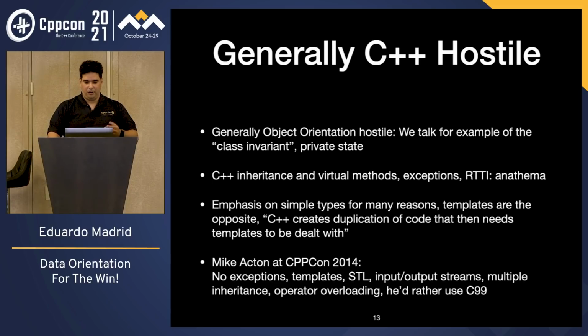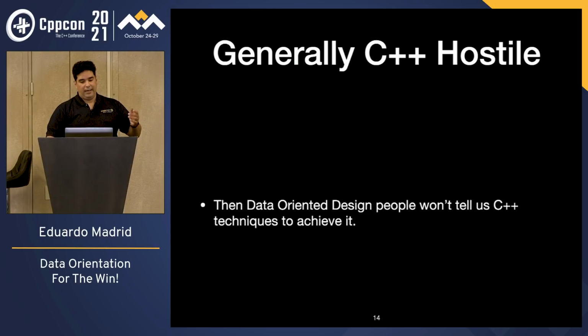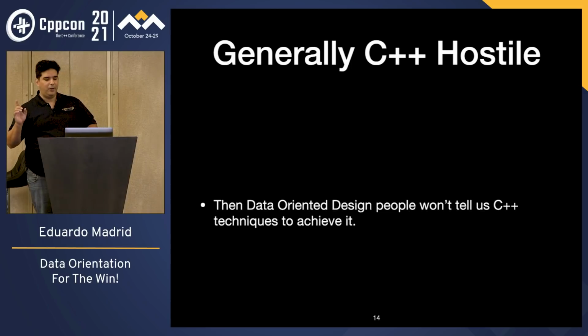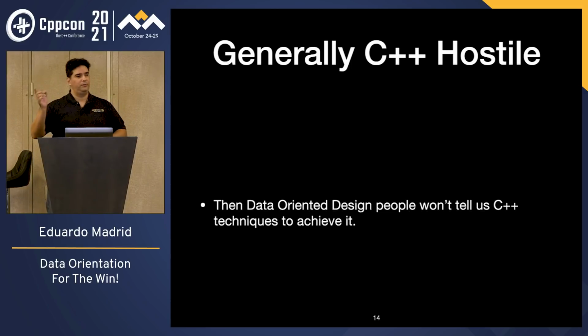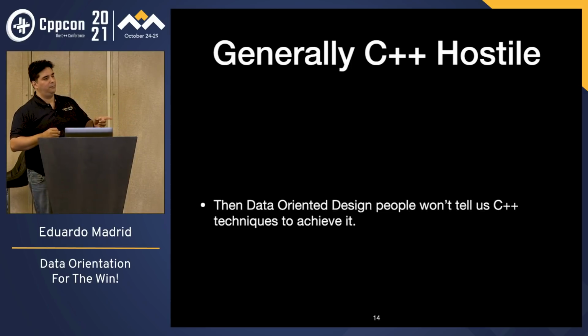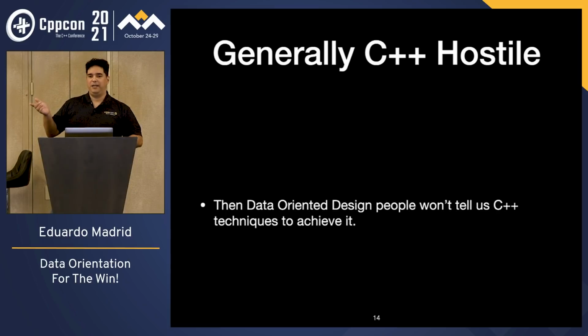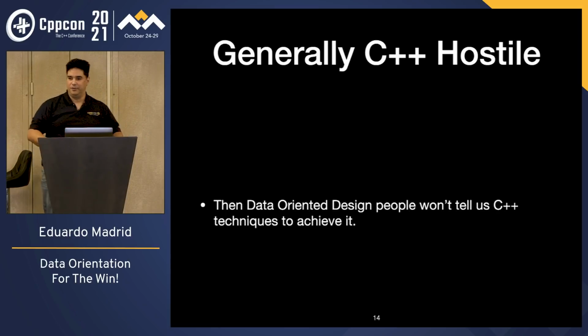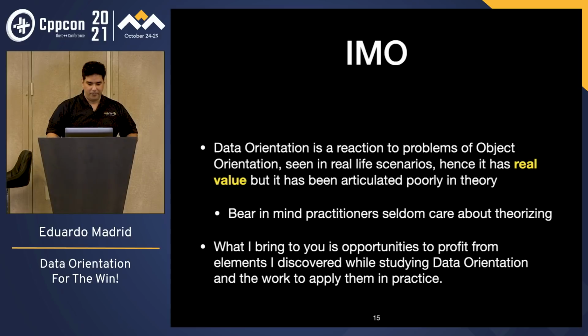My slides are always very heavy, so they are meant for people to revisit the topic as opposed to read them in the presentation. Point is that data orientation, people probably won't tell us how to do tricks in C++ to accomplish data orientation. So it has got to be someone who is not a data-oriented person, but who knows C++, who attempts to do that, and that's me. So, okay.